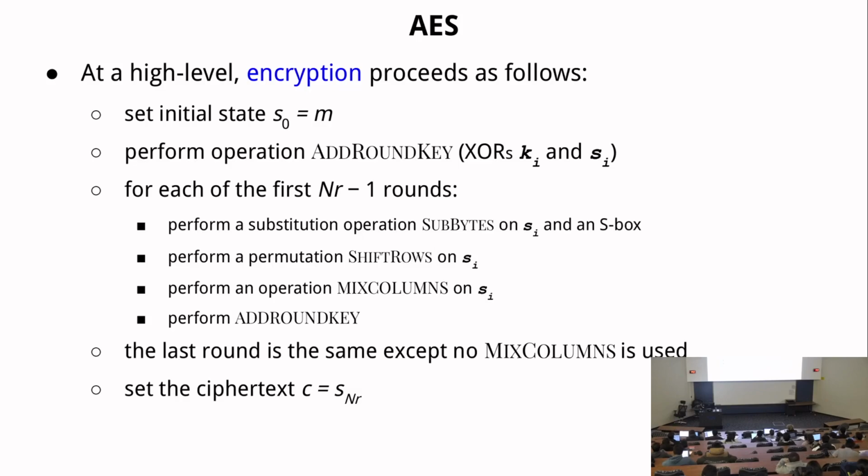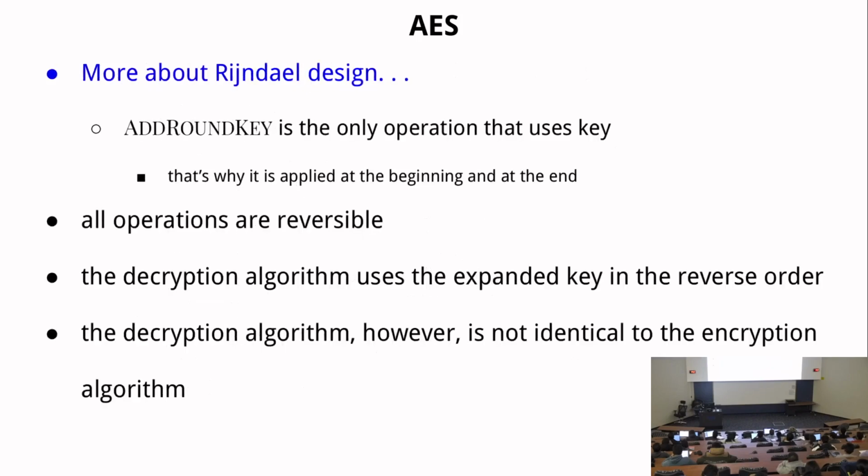So we use the S-box to do that. We look up in the S-box. Then we do a permutation shift. Then we do a mix column operation. So, like I said, only in the round key step do we use a key.